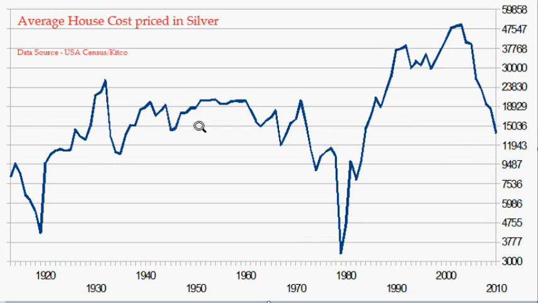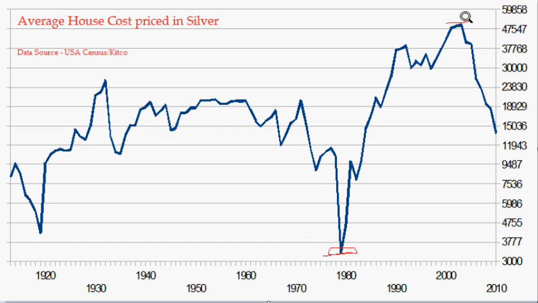It's not a bull market trend, although it's had a big gain from the 1980 period when silver was at around $50 an ounce. You could get a house for around 3,500 ounces of silver.